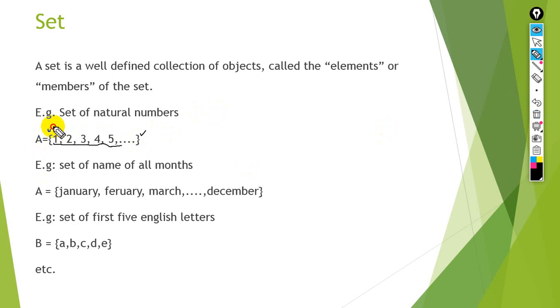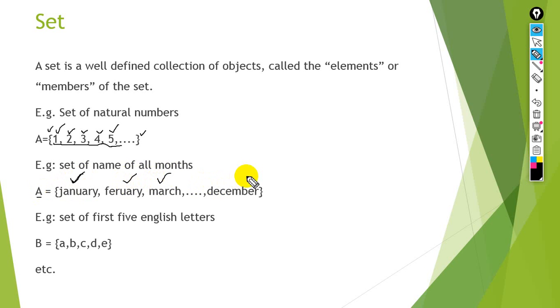Inside these braces, when we are taking objects, each object will be considered a member, or an element of the set. For example, 1 is an element of the set, 2 is an element of the set, 3 is an element of the set, and so on. In the same way, we have January, an element of this set; February, an element of this set; March, and so on.